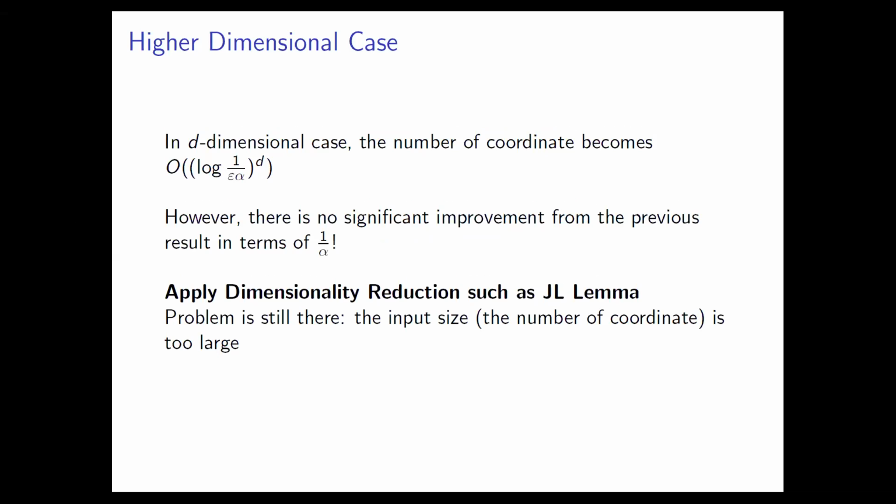And when we encounter this situation, where the dimension or the number of coordinates is too large, a natural solution is we can first apply dimensionality reduction, such as the JL lemma. But the problem is still here, because we still need to scan through the entire input vector, which is the source of the problem.